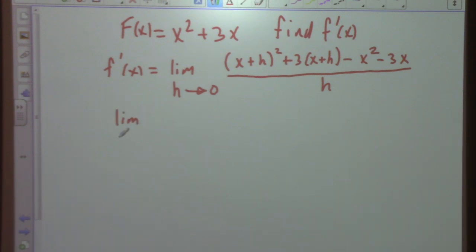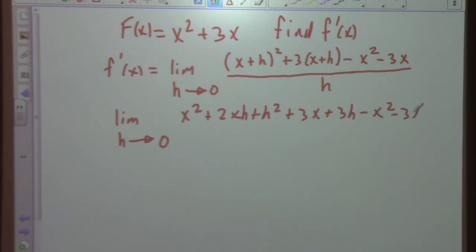And then we can just expand it. Hannah's right. So we have x squared plus 2xh plus h squared plus 3x plus 3h and then minus x squared minus 3x. Is that right? Yes. And then we go ahead like this and we divide by h and then gonzo, gonzo, gonzo, gonzo.